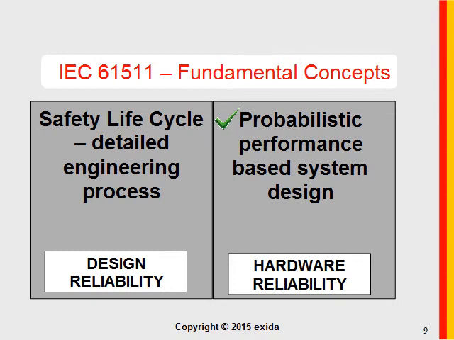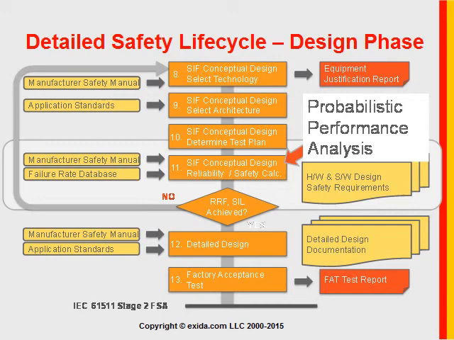In the roughly 15 years since these standards have been released, many people have taken full advantage of these attributes, and the whole probabilistic performance-based system design approach is becoming rather commonplace. Part of that, of course, the other fundamental concept is the use of the safety life cycle, a detailed engineering process intended to reduce design mistakes.